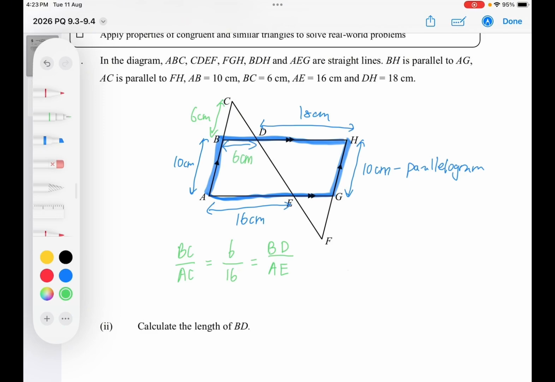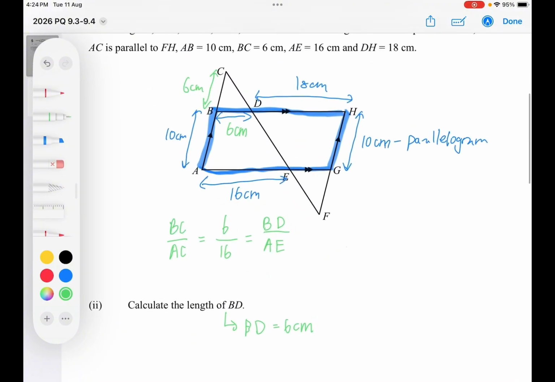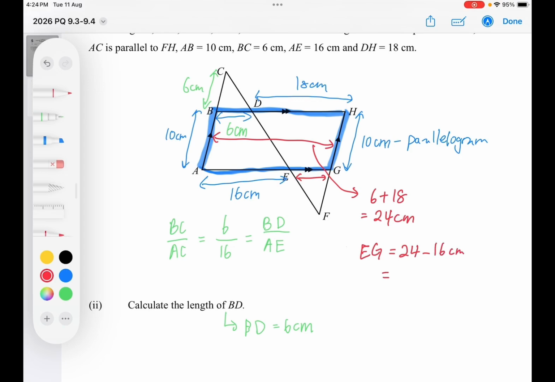Now that we have gotten BD, EG is using the fact that parallelograms have the same side length, so this would be 6 plus 18, giving me 24 cm. So EG would be 24 minus 16 cm, which is 8 cm.